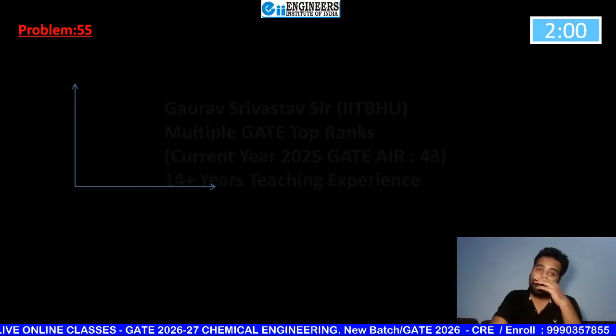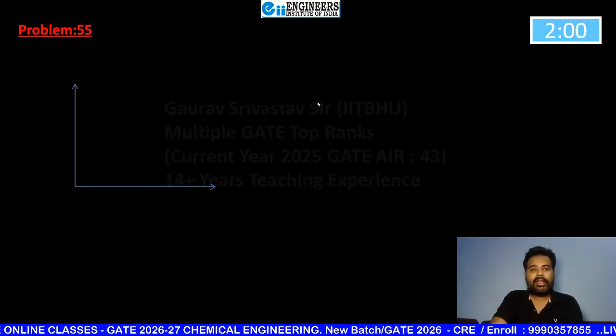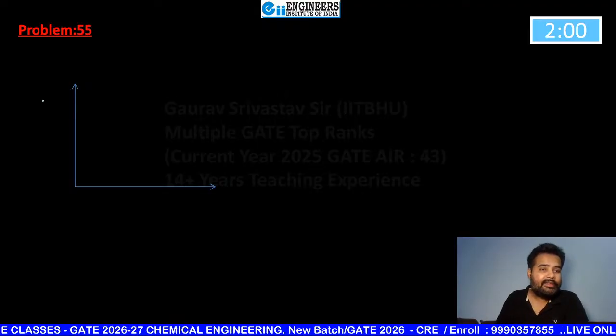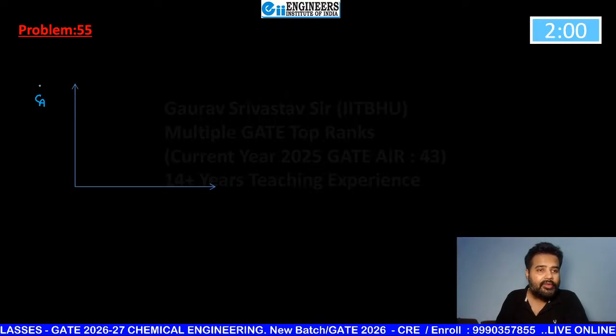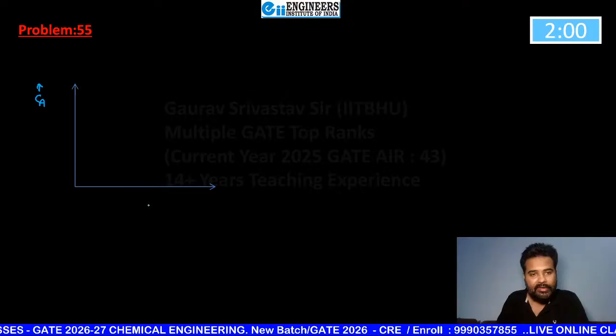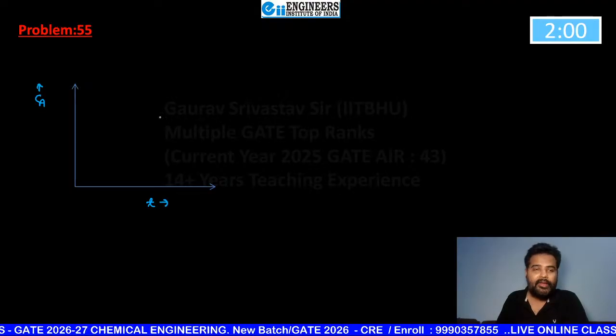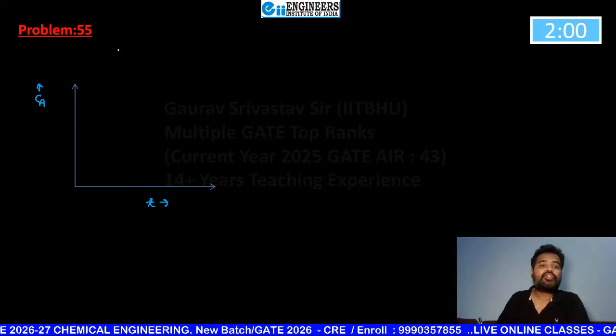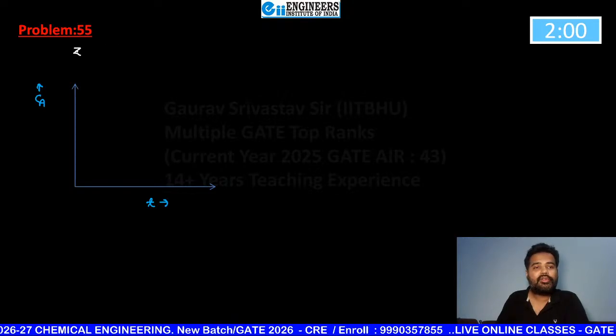Just focus on this diagram. The diagram is given in your examination. Here they are writing CA, and here they are writing time, and they are mentioning that the reaction is a zero order reaction.